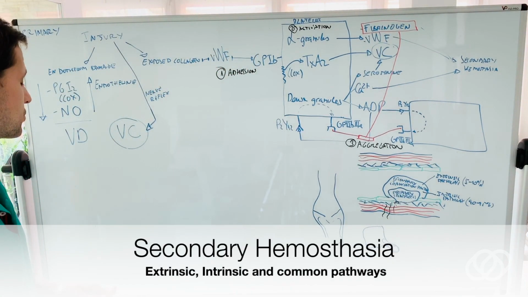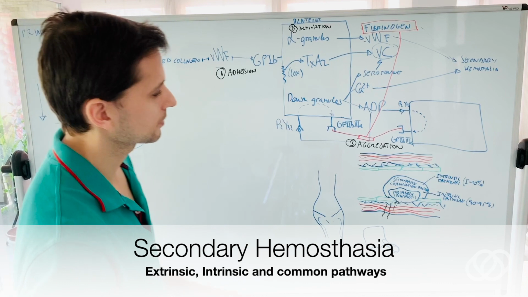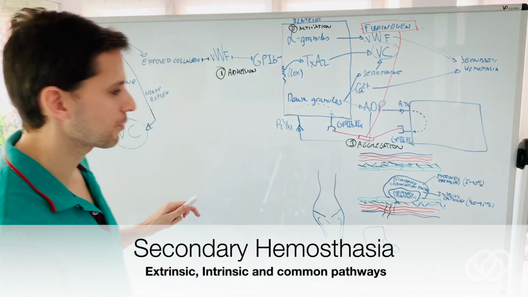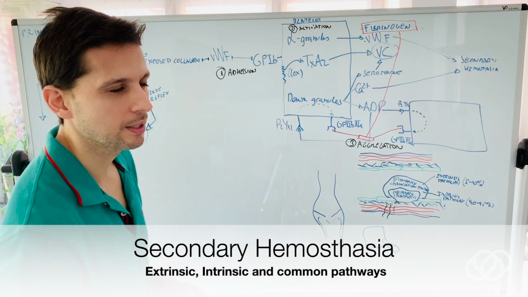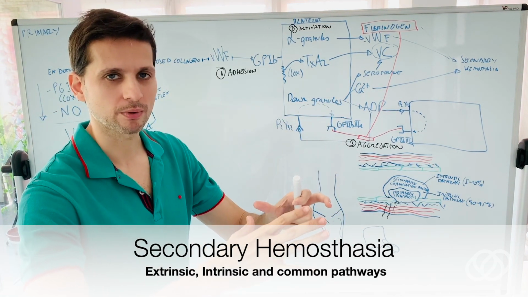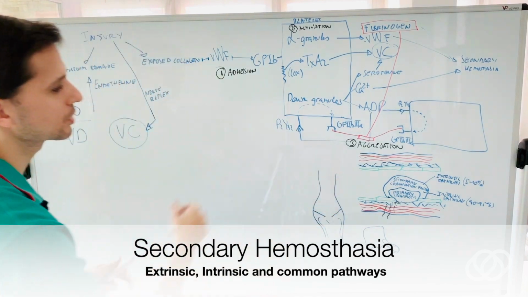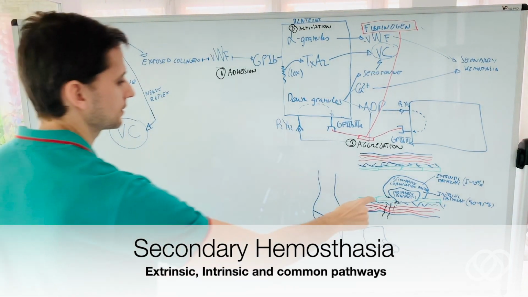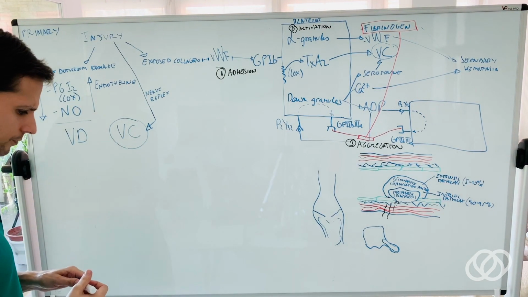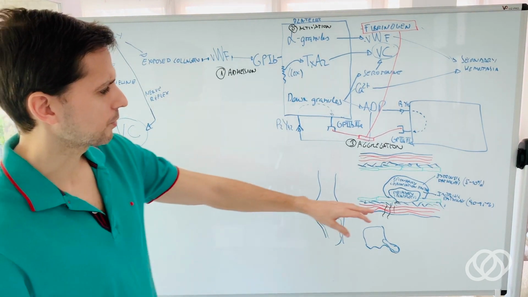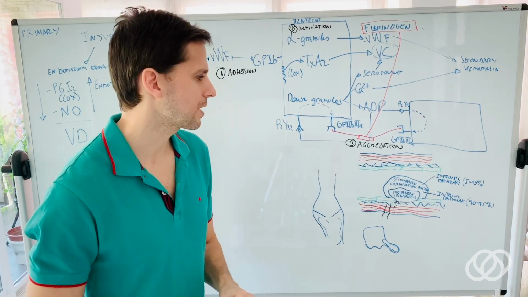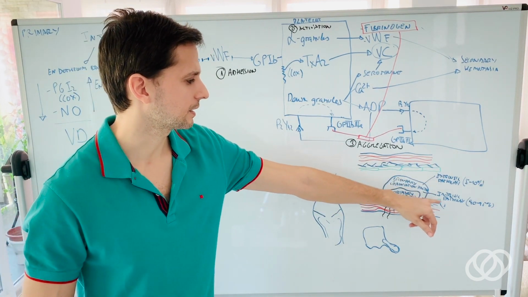The secondary hemostasia, we said, is divided into two pathways, the extrinsic pathway and the intrinsic pathway. Both go to a combined common pathway to finally produce this clot. So we have said that for the secondary hemostasia we have this extrinsic and intrinsic pathway.